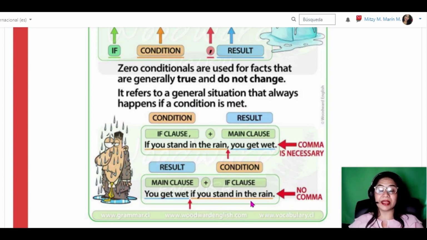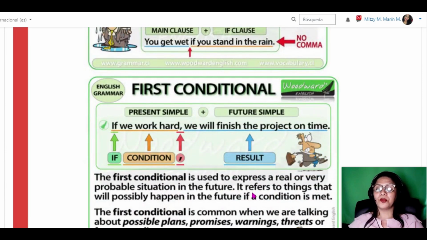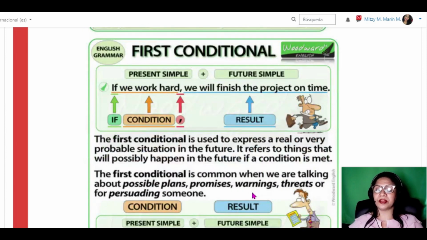Then we have to pay attention to this situation. First conditional. When we are going to create a first conditional, we are going to use present simple in the if condition, and in the result we can use future simple.